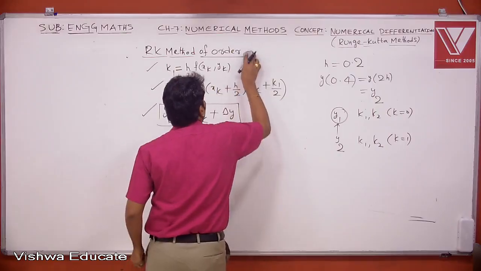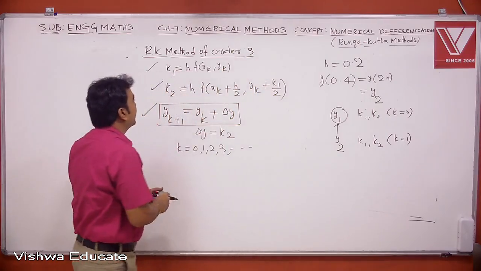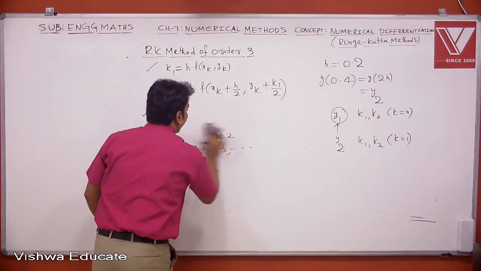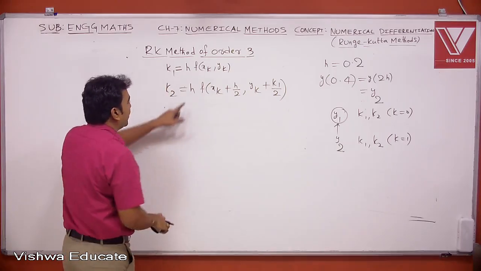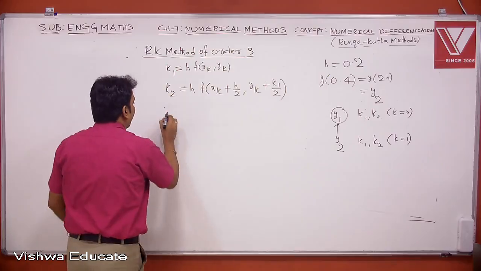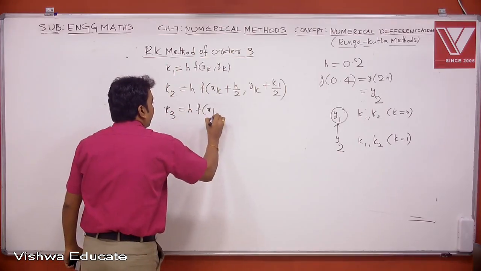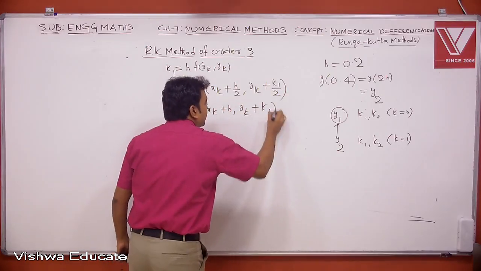Now let us discuss the RK method of order 3. Now in this case every iteration requires three values. So here k1 and k2 are as they are, what we have seen for method 2. The same values will be applied in case of order 3 also. k1 is this and k2 is this, and k3 becomes h into f of xk plus h comma yk plus k2.